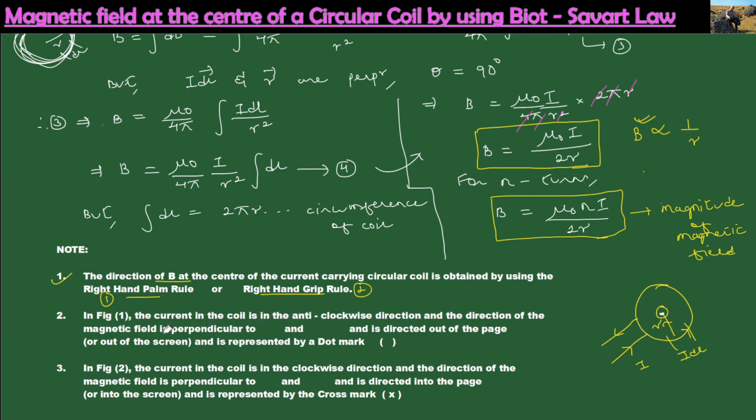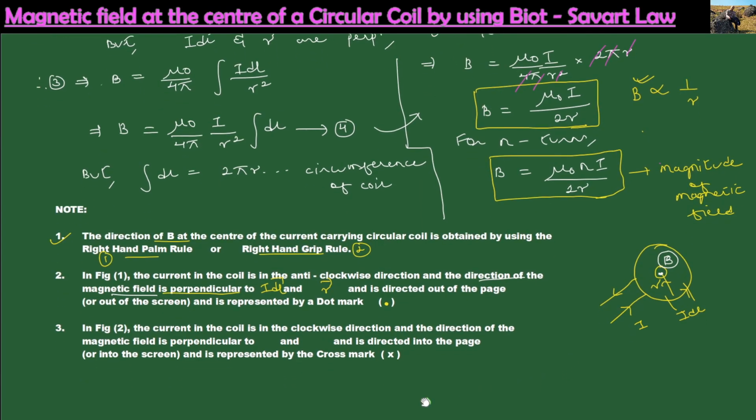So the direction of B at the center O of the coil will be perpendicular to I dl bar and R bar, and is directed out of the page. If you are writing on your paper, it is out of the page; if you are looking at the screen, it is out of the screen, and it is represented by a dot mark.